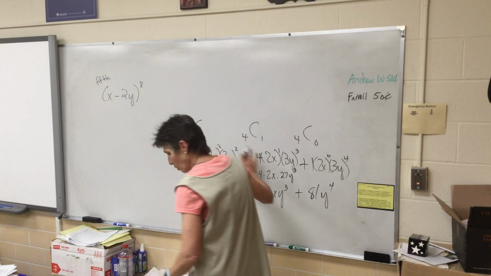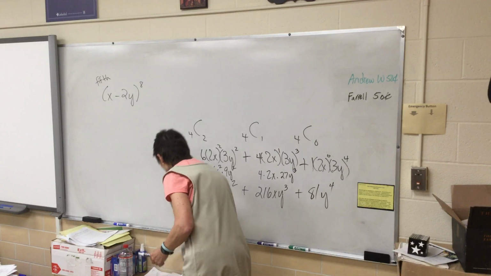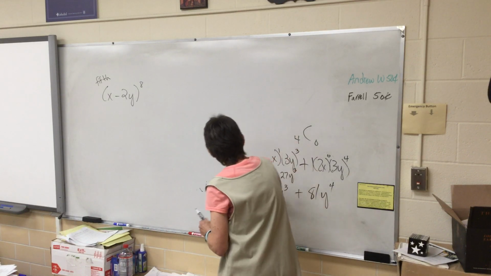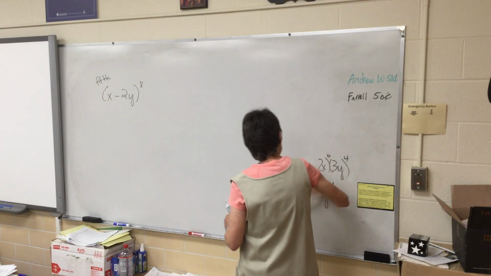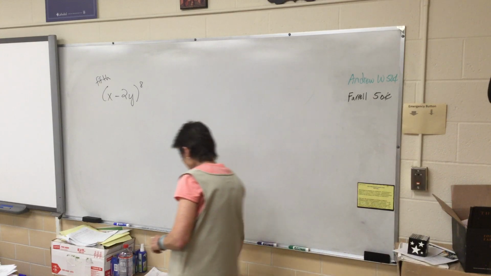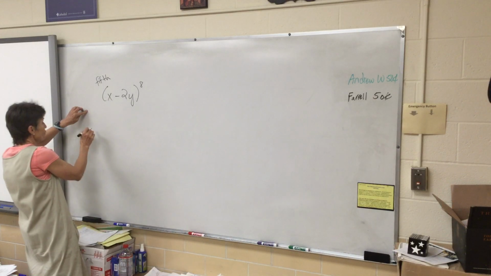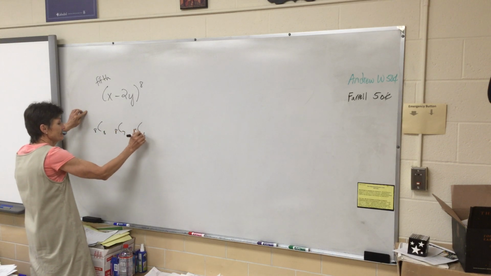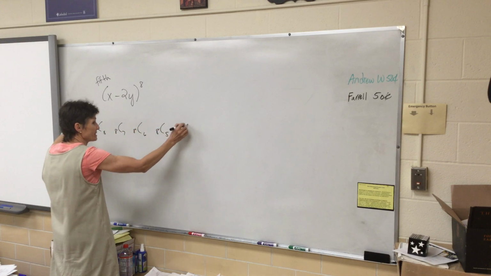If we wrote out the whole thing the way I just did here, my coefficients, my numbers, would be the combination 8 numbers, the 8C numbers. So the first term would be 8C8, and then 8C7, 8C6, 8C5, 8C4.